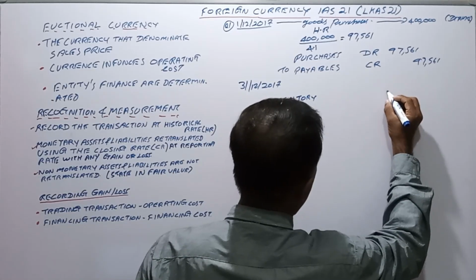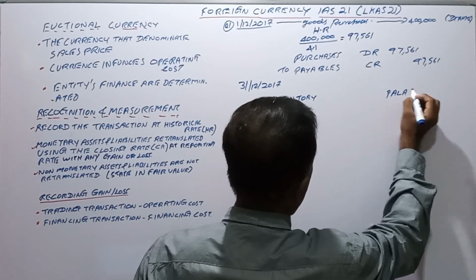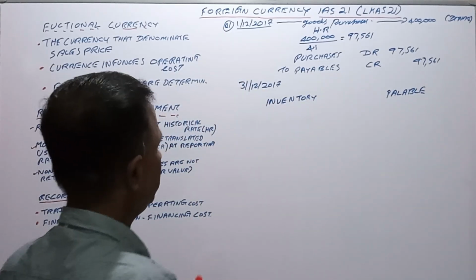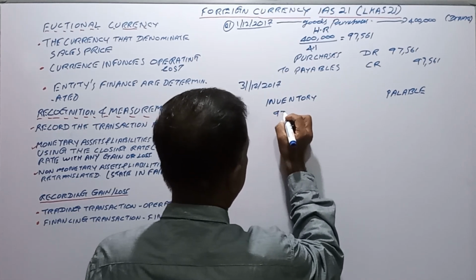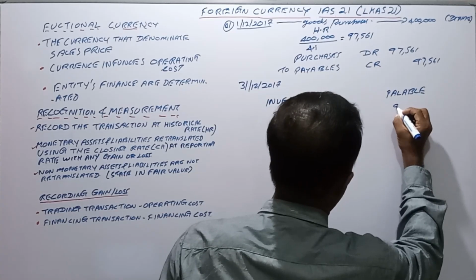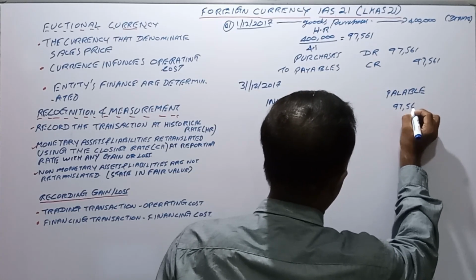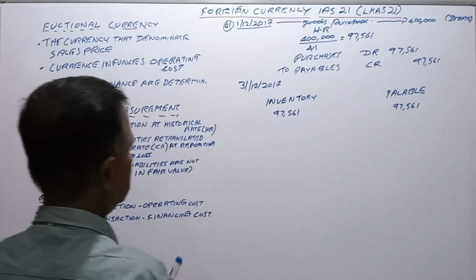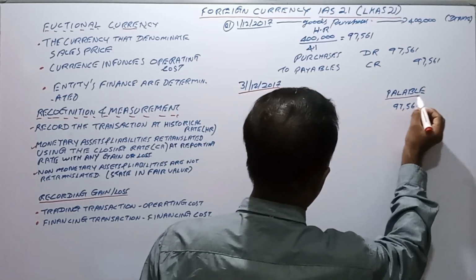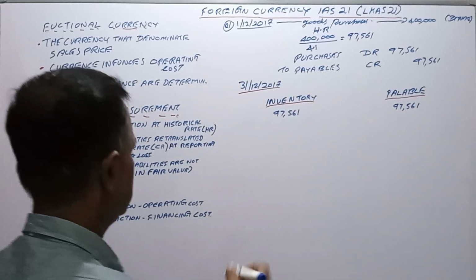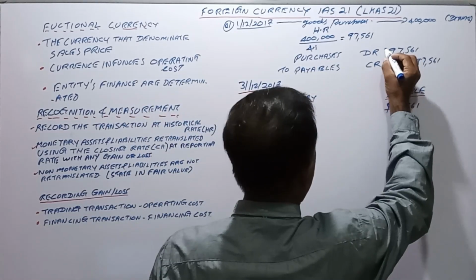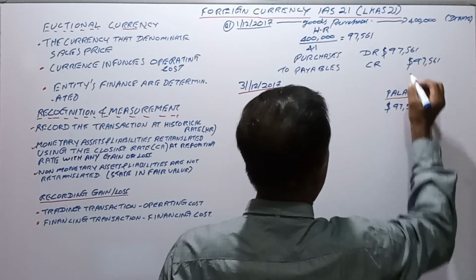Inventory of 97,561 and payables 97,561. On this date, we will have inventory and payables of 97,561. This is in dollars.